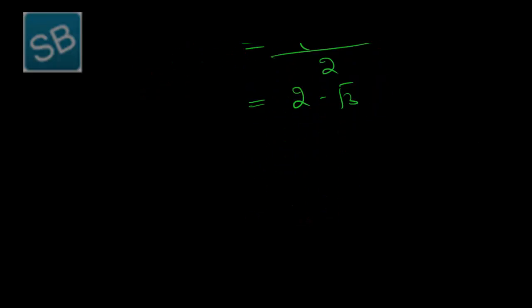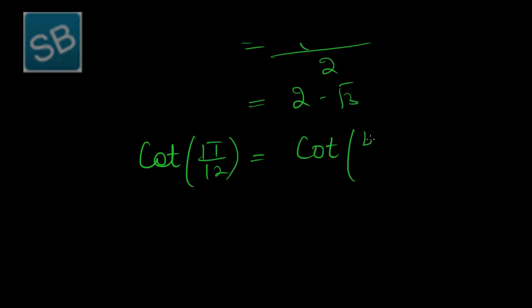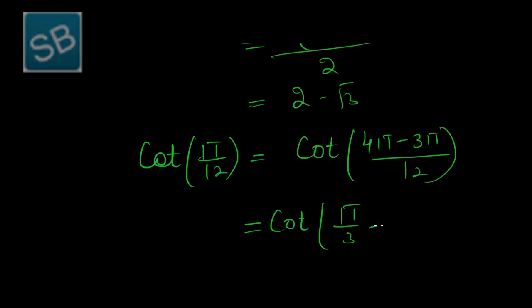Now we will find the value of cot pi by 12 in a similar manner by using the cot addition or subtraction formula. So pi by 12 can be written as (4 pi minus 3 pi) over 12, that is cot (pi over 3 minus pi over 4).